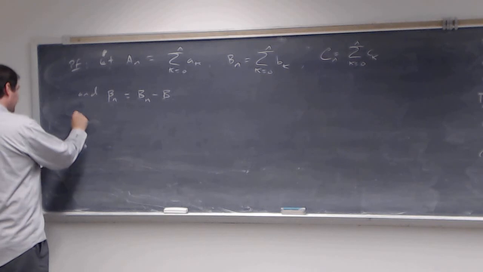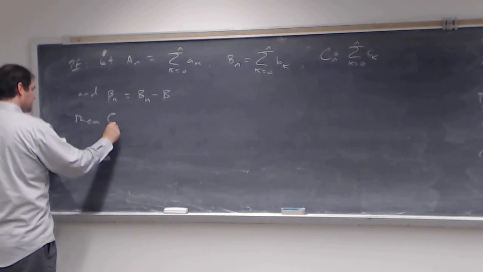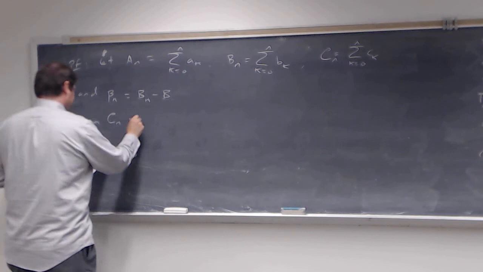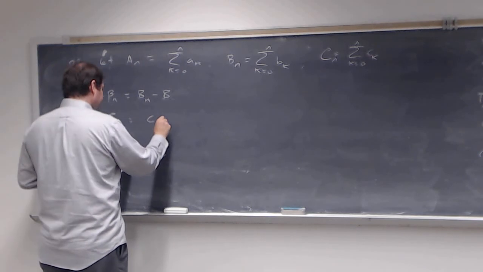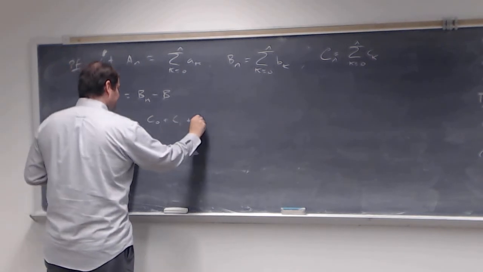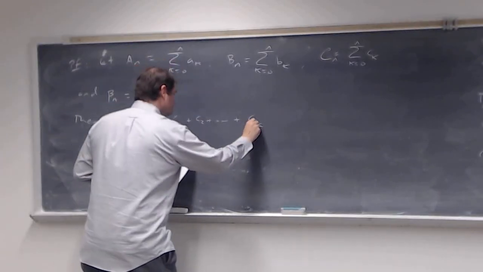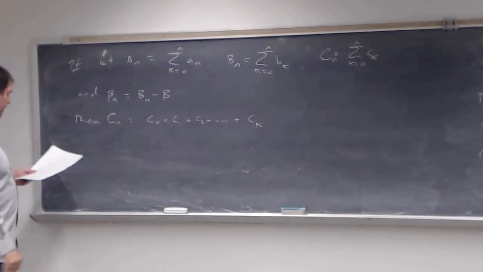Okay, well, then the script C sub n, what's that going to be? That's going to be the little c sub 0, plus c sub 1, plus c sub 2, all the way up to c sub k. That's what it's going to be. And what's that going to be equal to?